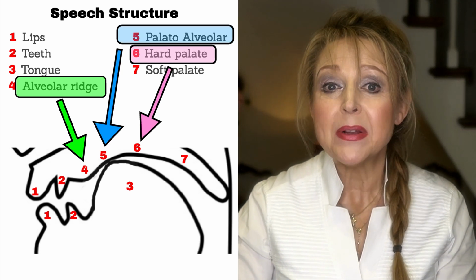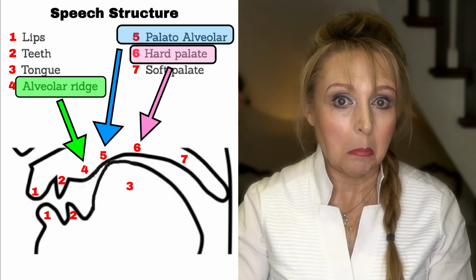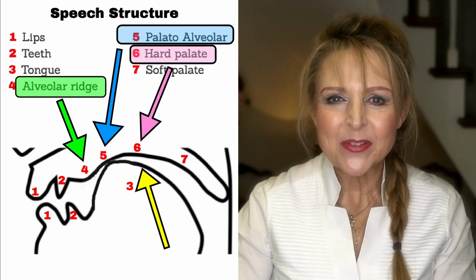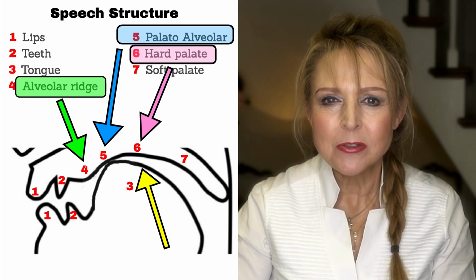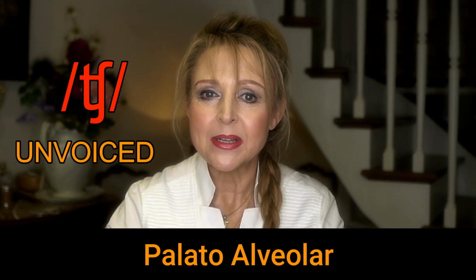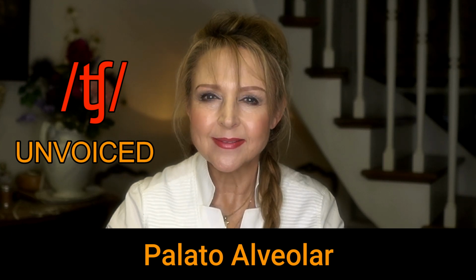This is called the Palato Alveolar. And the middle of the tongue is raised towards the hard palate. Say ch, ch. Ch is unvoiced and the tongue is on the Palato Alveolar.